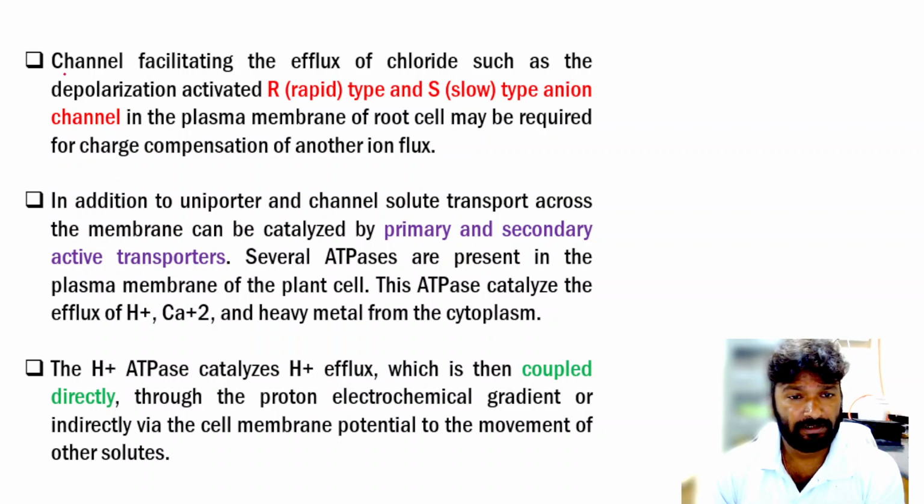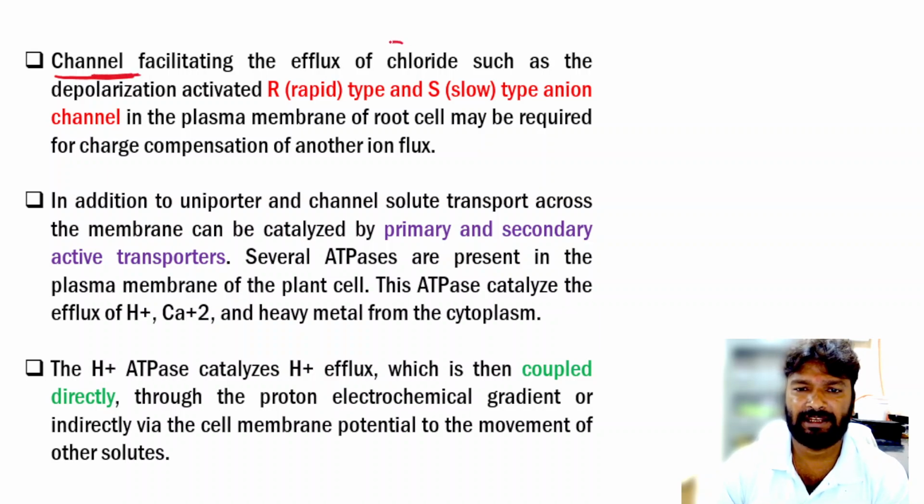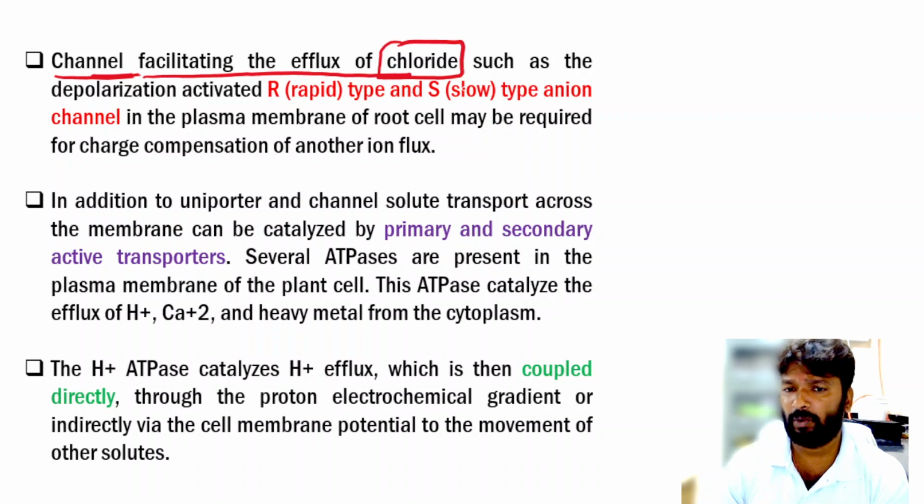So these channels, there are two types of, generally we are taking an example of like chloride channel. Okay. So this channel facilitates the efflux of chloride, which causes the depolarization, means creates charge potential. Okay.